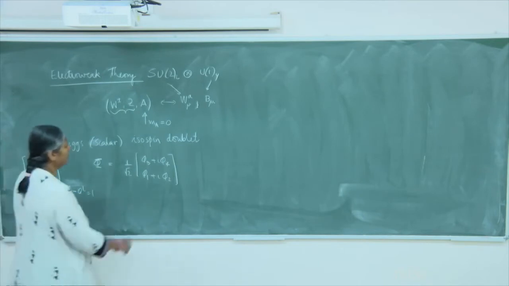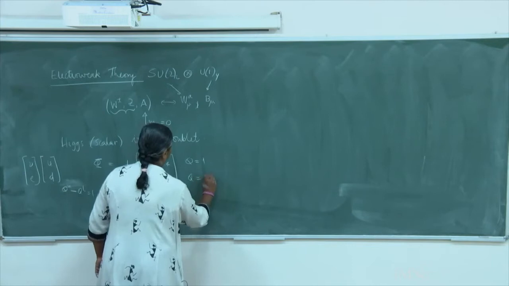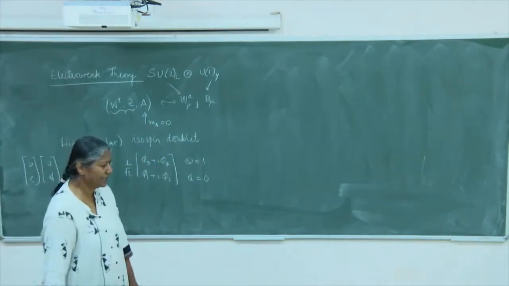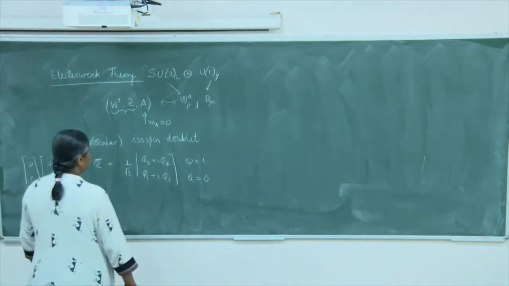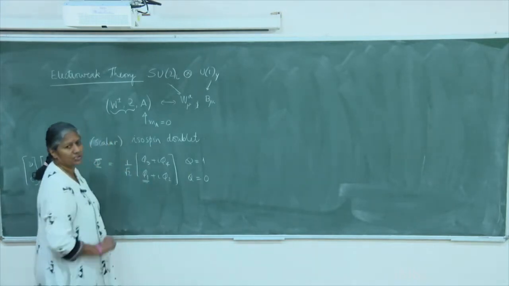Okay, so we will consider this to have Q equal to 1, Q equal to 0. This is required for the SU(2) part of things, right? You have to couple sigma plus sigma minus to W plus W minus. Now why have I written this like this? Because I want to give vacuum expectation value to phi 1.